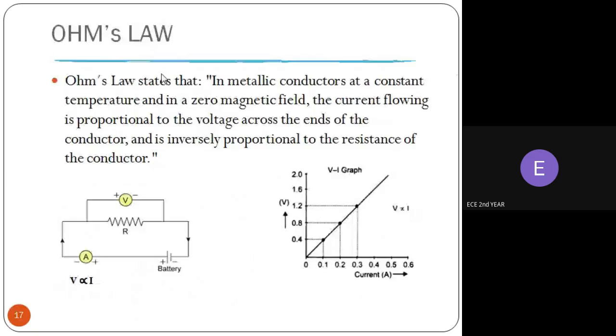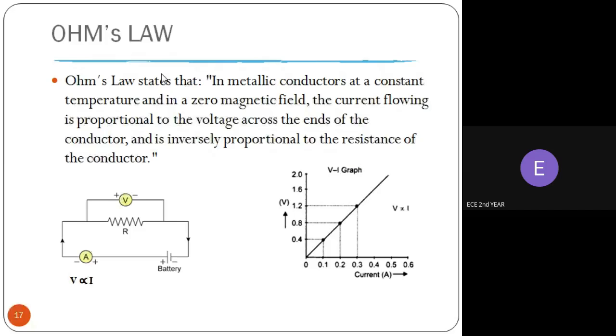Next, Ohm's law. Ohm's law states that in a metallic conductor at constant temperature and in zero magnetic field, the current flowing is directly proportional to the voltage and inversely proportional to the resistance of the conductor.